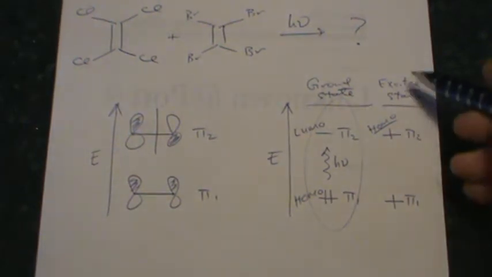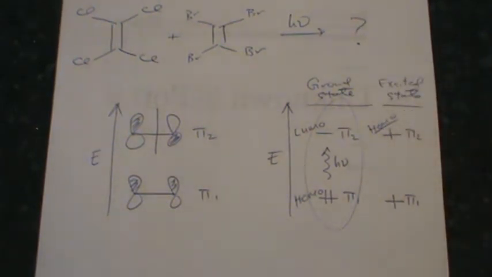There will be some excited state tetrachloroethylene floating around and some excited state tetrabromoethylene, but the lifetimes of the excited states are very short. And so once they're excited, they don't stay as excited state species for very long. They quickly fall back down into the ground state. They relax back down into the ground state.